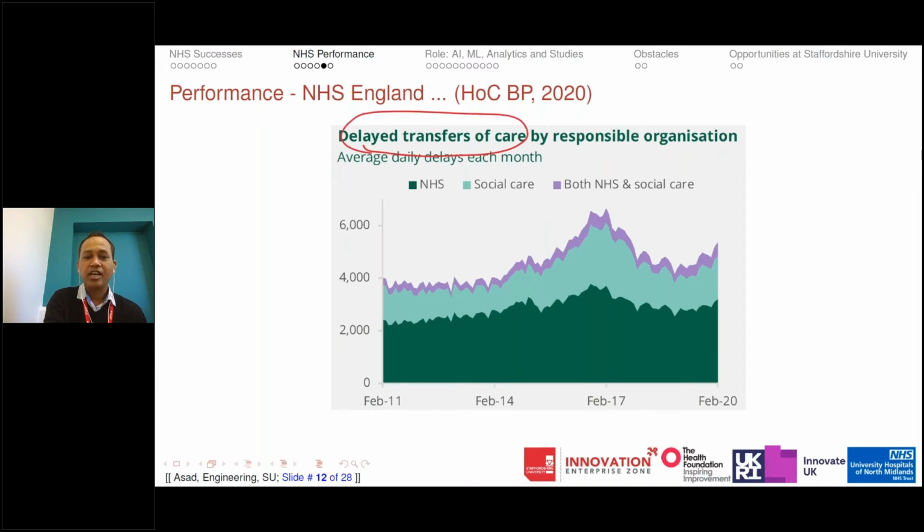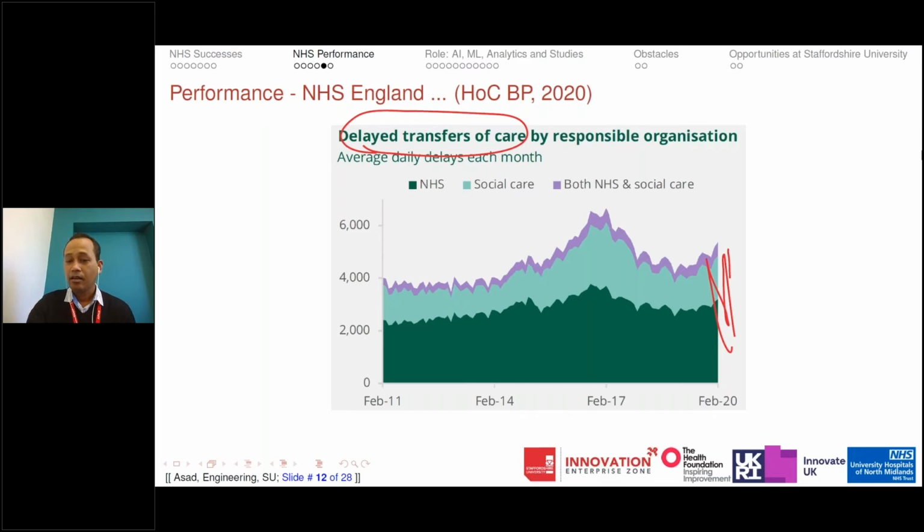Delayed transfer of care is another pain for the NHS. These patients are clinically ready to be discharged, but the residential care, home care, or the family is not ready. In some cases, the person is living alone, so it is difficult for the hospital authority to discharge them.